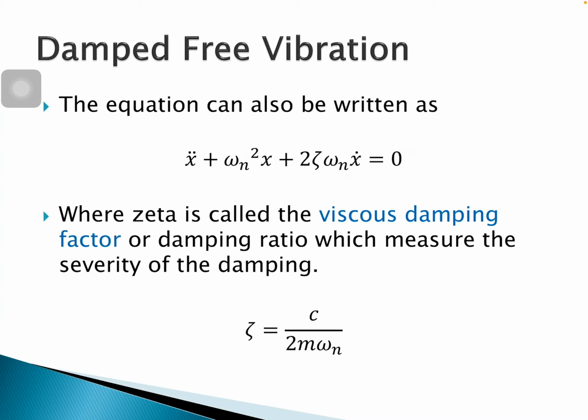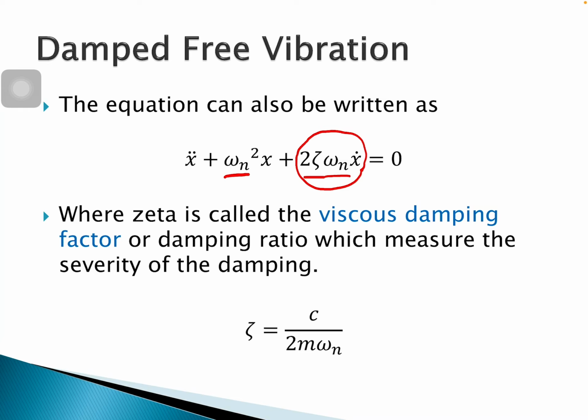The equation can also be written in terms of the natural frequency right here. Since this is the new component that we learn, we have a little difference. How do we get this component?